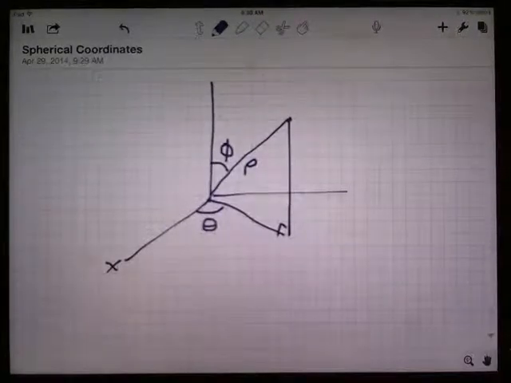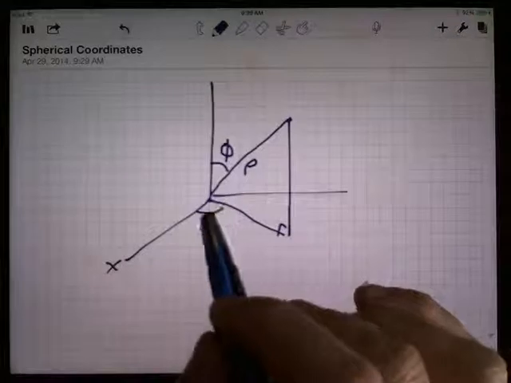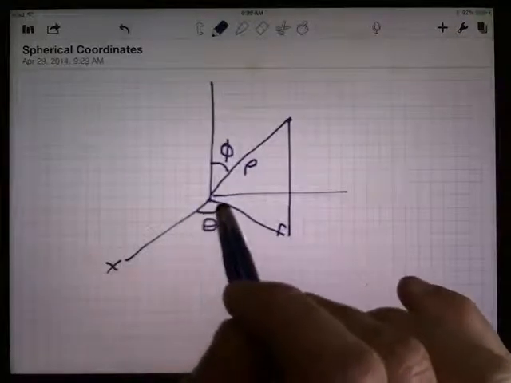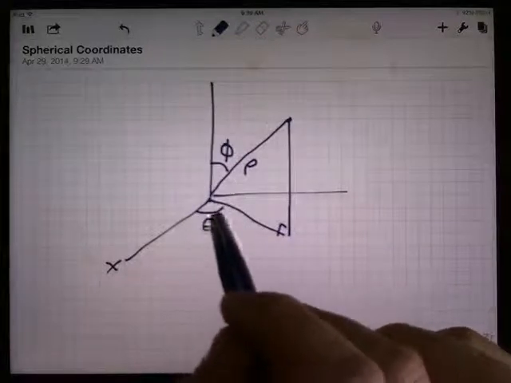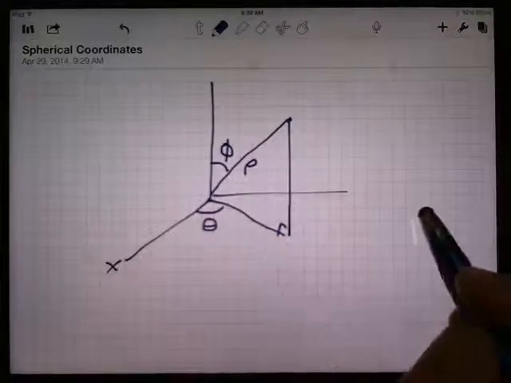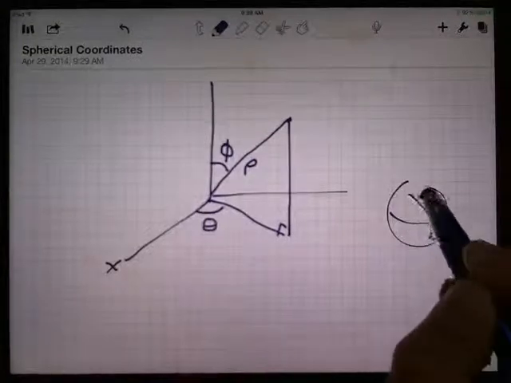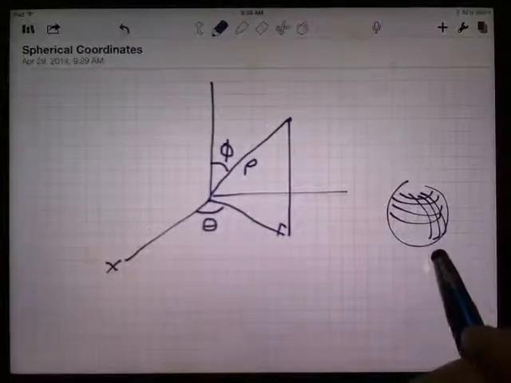Now, this is a lot like longitude and latitude. Longitude is definitely this angle theta. If you think about the Earth, you have your longitude lines going this way and the latitude lines going this way.